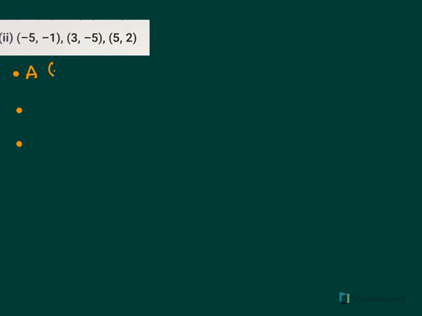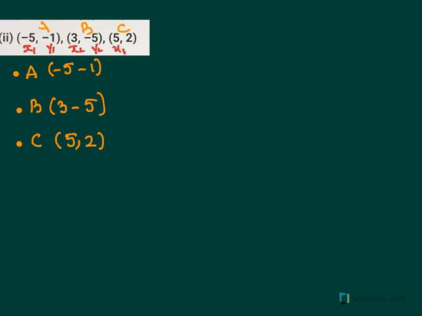Now the next sum: A is (minus 5, minus 1), B is (3, minus 5), C is (5, 2). This is A, B, and C. And for the values, we know this is x1, y1, x2, y2, x3, y3.